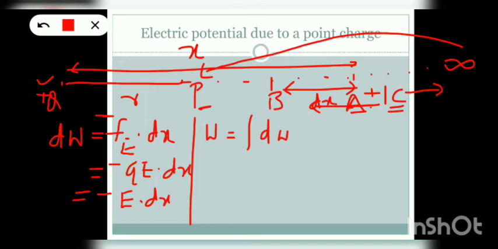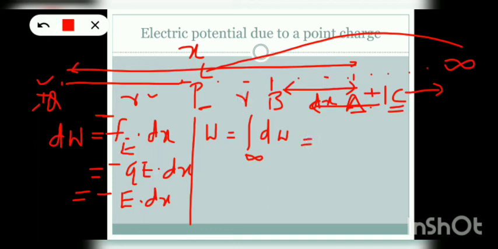Infinity is a point at an infinite distance from the source charge Q, so infinity is the lower limit of the integration. Then we are bringing that charge to the point P, and the distance of point P from the source charge is R. So infinity to R.